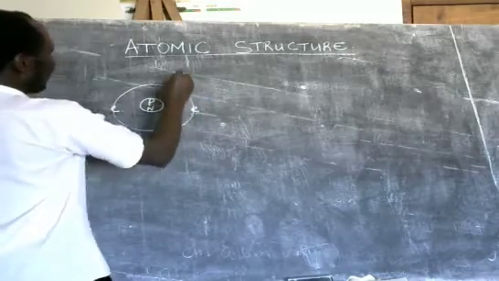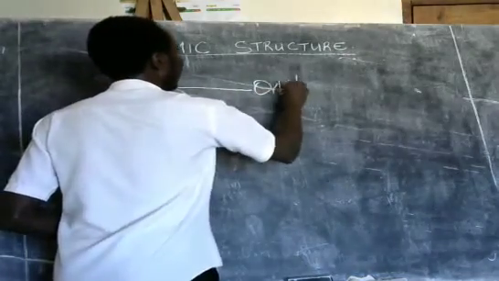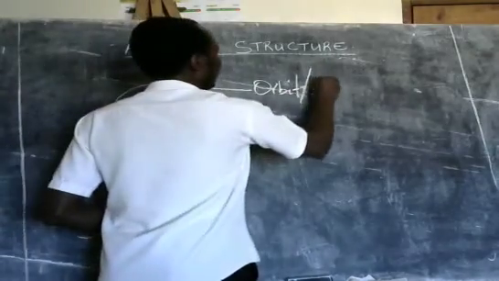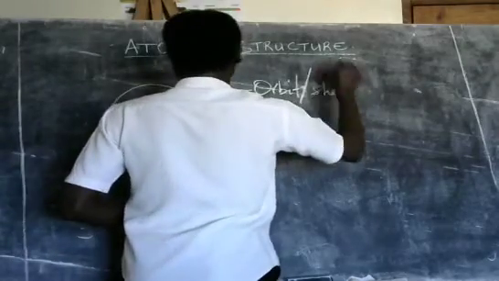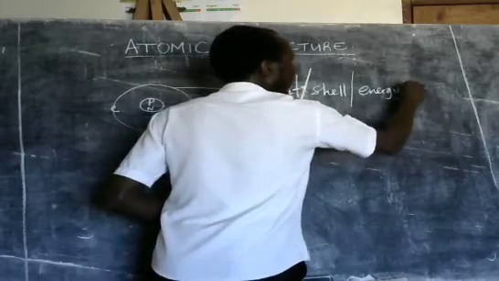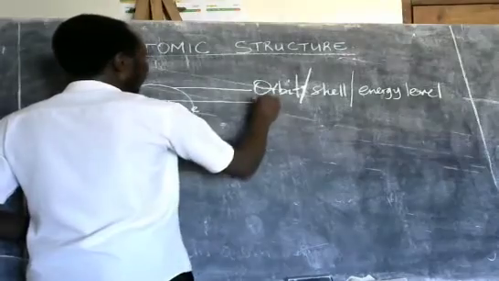So when you're naming, this is the orbit, as I've talked about. The orbit can also be called the electron shell, or the energy level. This one is the proton.